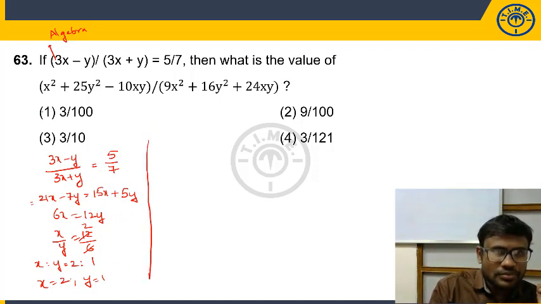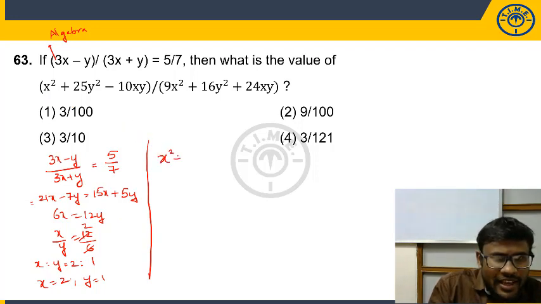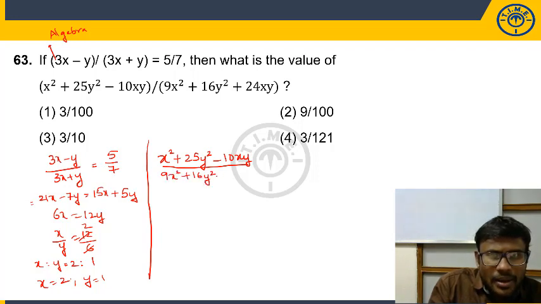Now, what is it asking to calculate? It is asking to calculate the value of (x square plus 25y square minus 10xy) by (9x square plus 16y square plus 24xy).